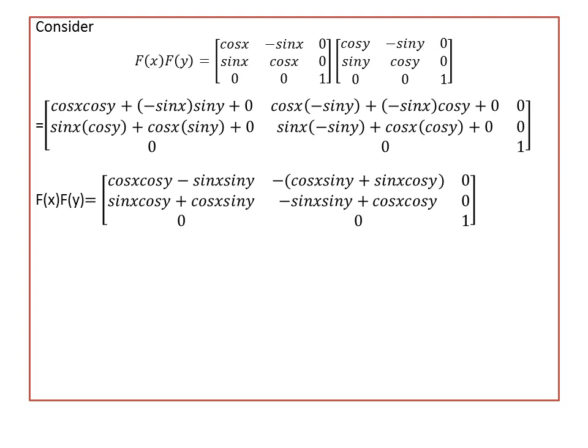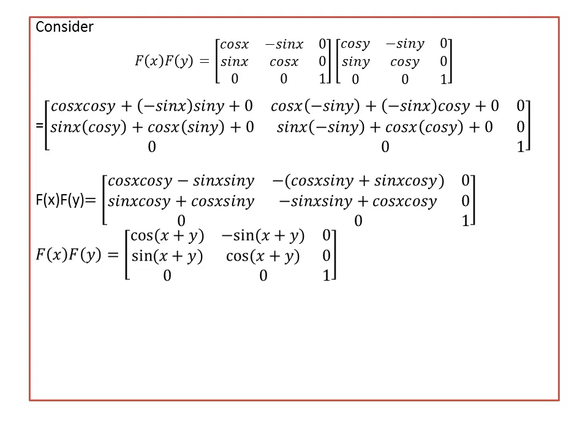As we all know in trigonometry, cos x cos y minus sin x sin y is cos of x plus y. Minus cos x sin y plus sin x cos y is minus sin of x plus y. 0 will take as it is.